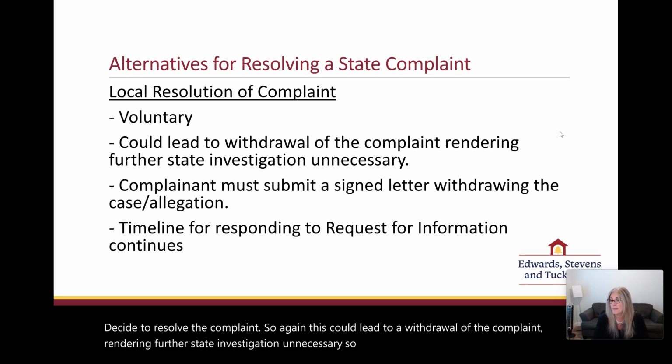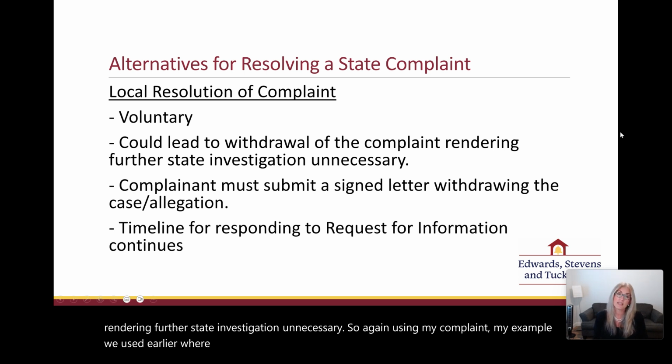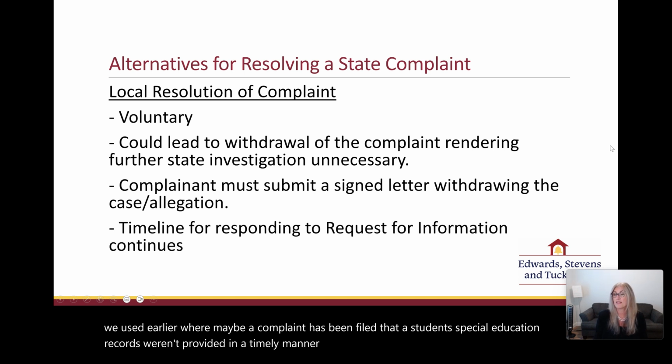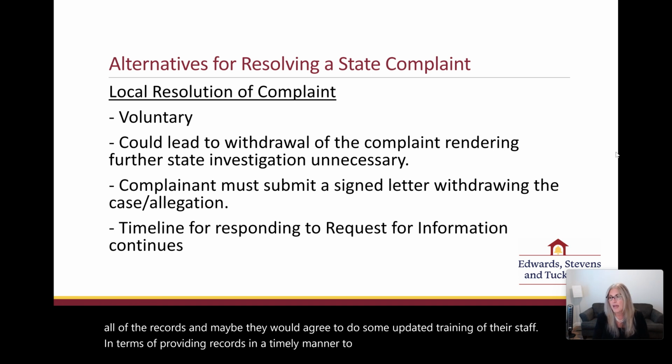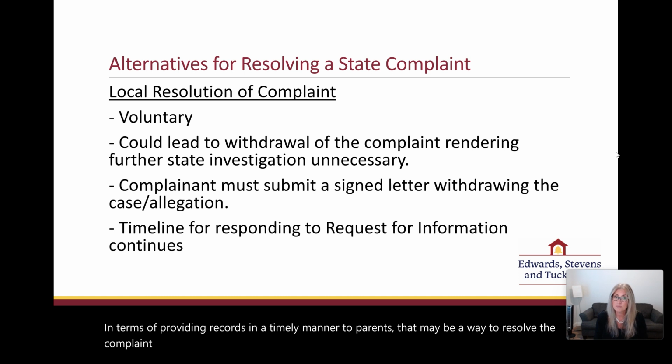Using the example we used earlier, where maybe a complaint's been filed that a student's special education records weren't provided in a timely manner, the school may agree with the parent to provide all of the records, and maybe they would agree to do some updated training of their staff in terms of providing records in a timely manner to parents. That may be a way to resolve the complaint very, very simply.